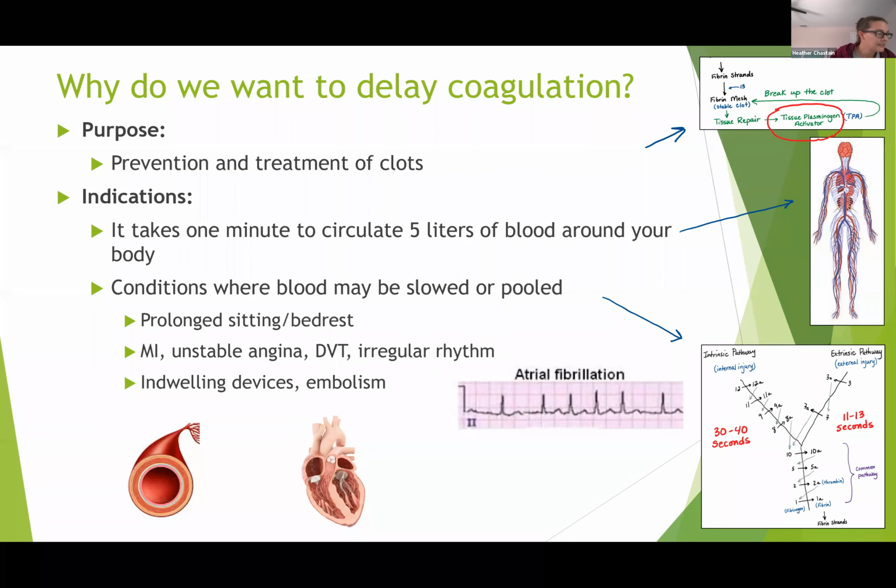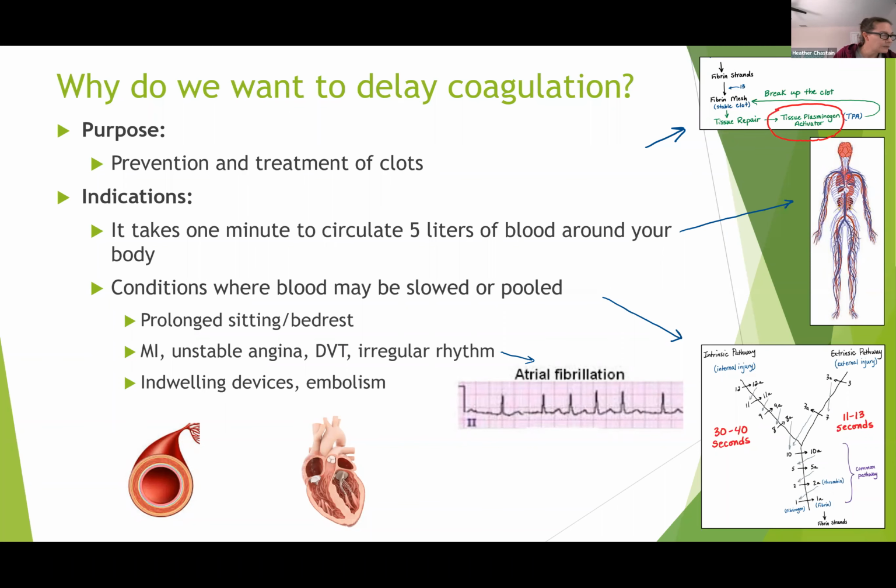So things that could potentially cause slowing or pooling of your blood are prolonged sitting and bed rest, an MI, myocardial infarction, unstable angina, DVTs, and irregular rhythm like atrial fib. That can definitely cause it, because with atrial fib, your atria kind of quiver a little bit before you have your QRS complex. And that quivering, if it goes on long enough, can start forming a clot because blood is sitting there. It's not going anywhere.